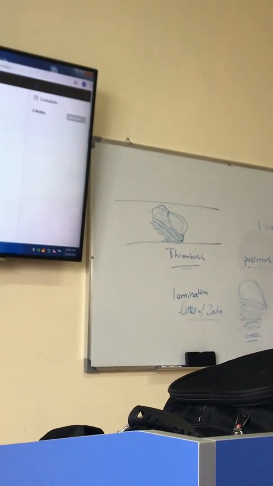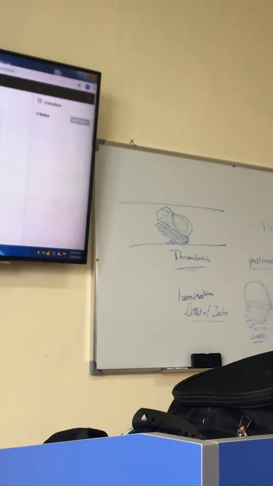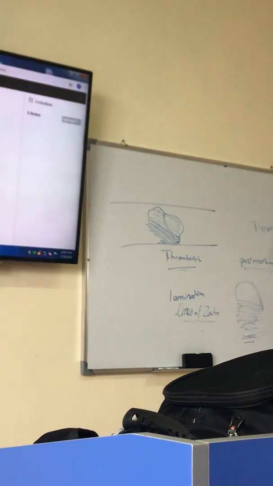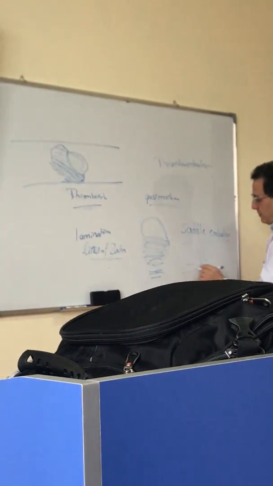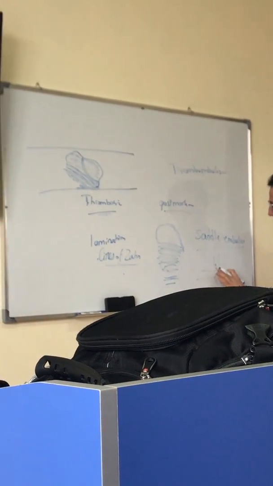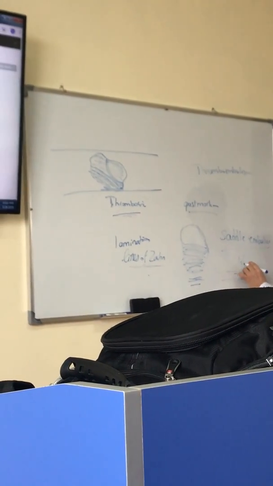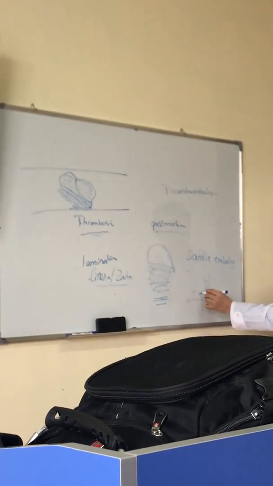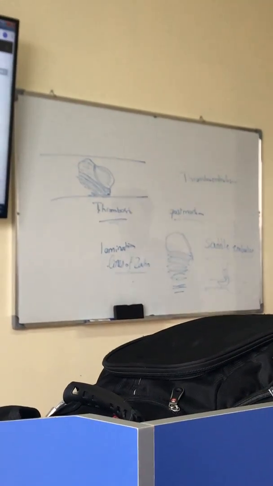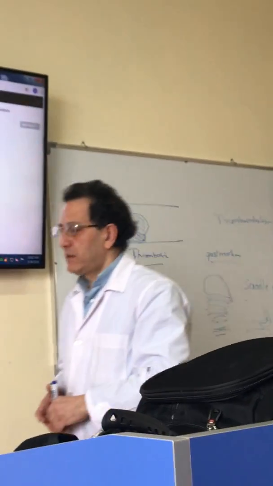Saddle of a horse. So, saddle embolus. So, it's formed in branching areas. A larger artery then branches, and at this site of branching, it forms a saddle-like obstruction.